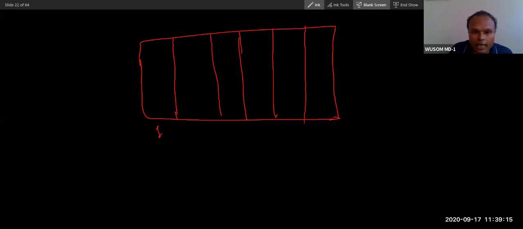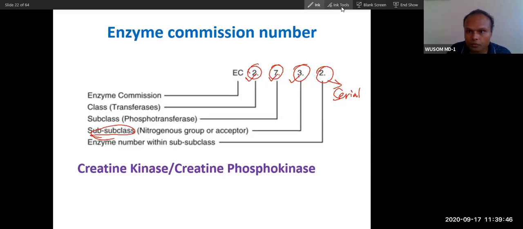Then if you put the next number, the enzyme will come into a sub box. And then again, under a box under a box. If you give the last number, it will specify a specific enzyme. That is how you can remember this enzyme classification pictorially. So actually we are specifying the enzyme according to its function this way.